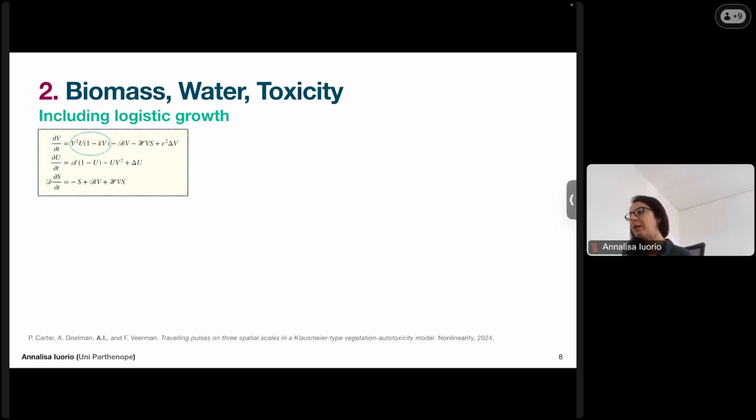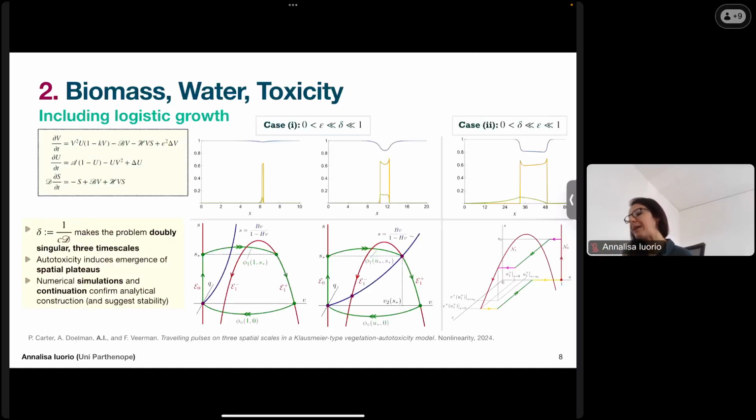So we included, still in the non-dimensional version of the model, an extra parameter that represents the inverse of the carrying capacity. And in that case, the model is very complex, very rich. In some sense, including the carrying capacity makes things a little bit simpler from the analytical viewpoint, but you also have this emergence of a second small parameter.